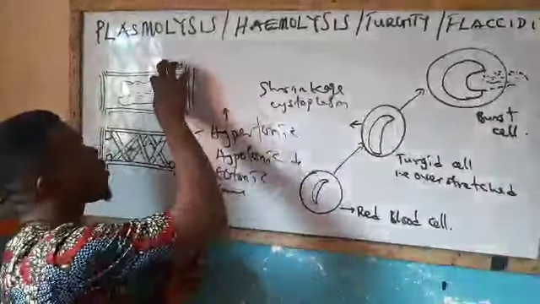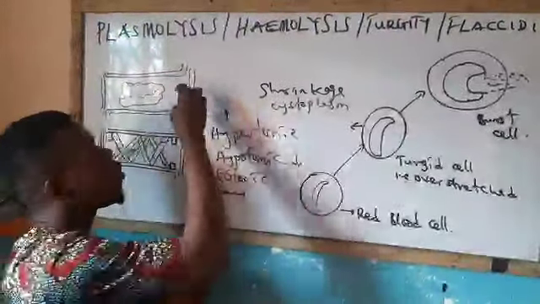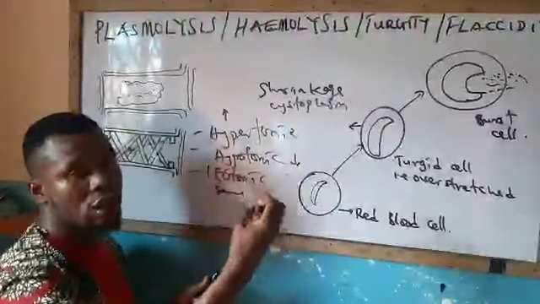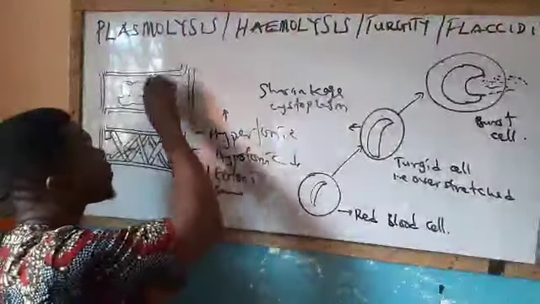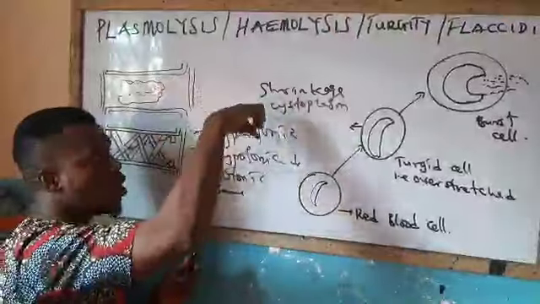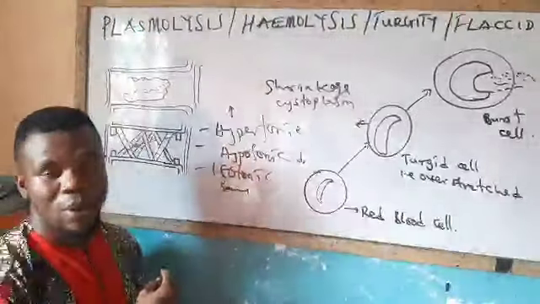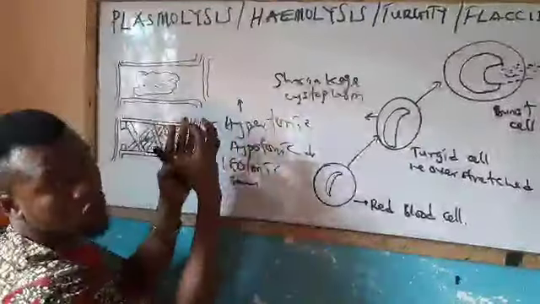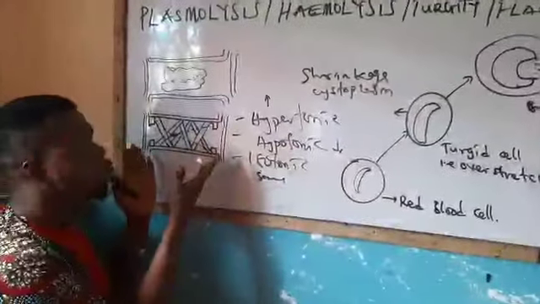The content of the cell is of lower concentration, while the water where it is found is of higher concentration. Then content from the cytoplasm will be lost into the hypertonic solution. By so doing, the cytoplasm of this cell will end up shrinking. A typical example is these two cells drawn here.